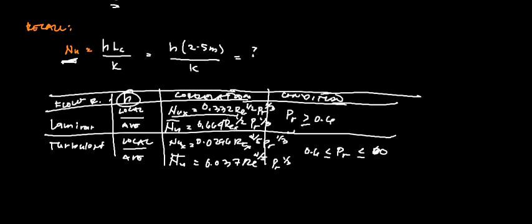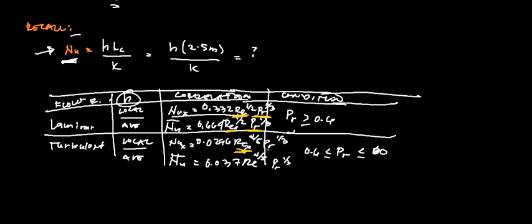So going back, since we have Nu and this correlation, based on these correlations, the Nu can be equated to these numbers, but we need the values of our Re and Pr, right?